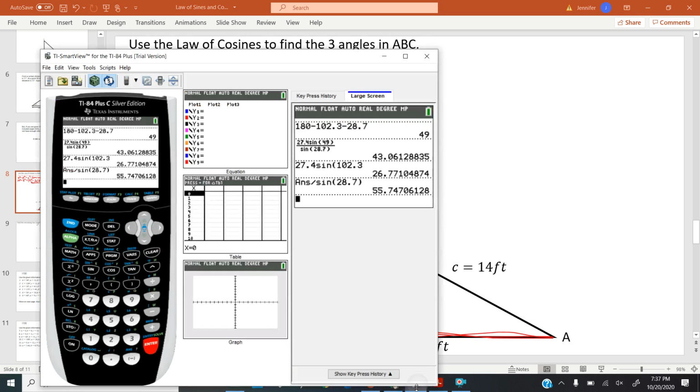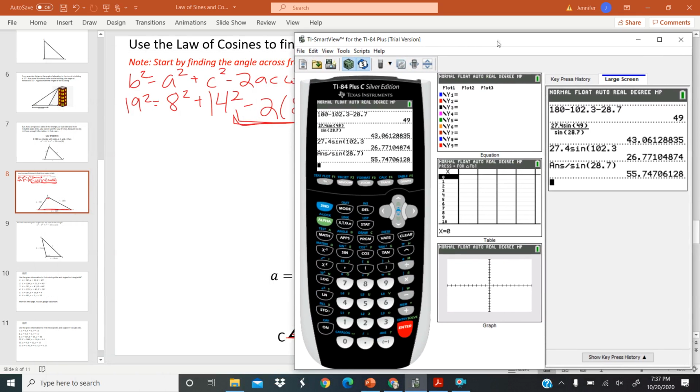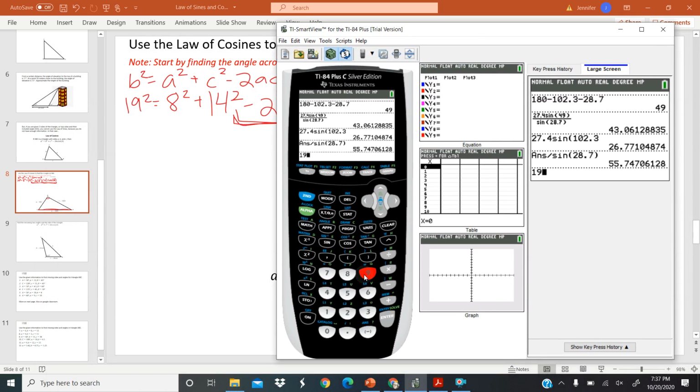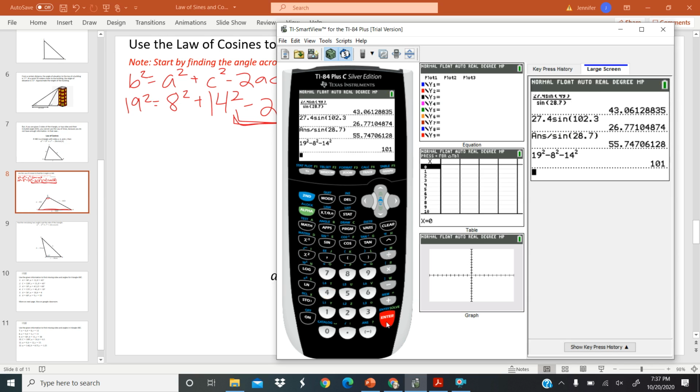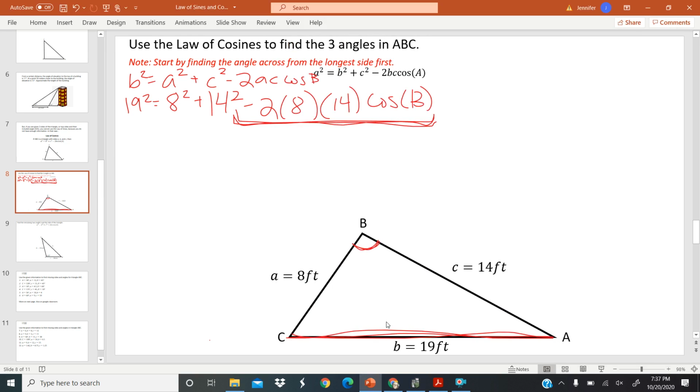So I'm going to type in 19 squared minus 8 squared minus 14 squared. And I'll end up getting 101. So on this other side, I'm going to have 101 is equal to negative 2 times 8 times 14 times the cosine of B.